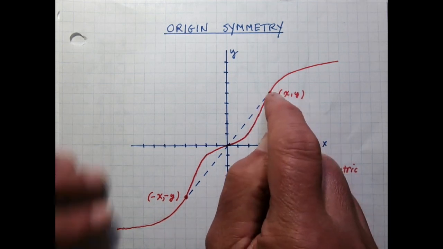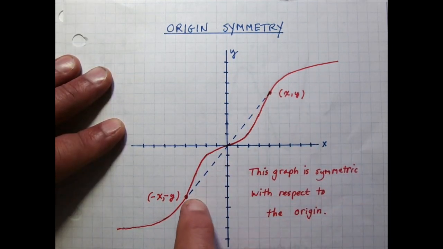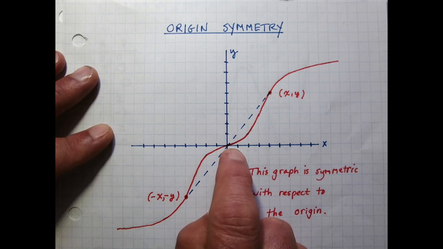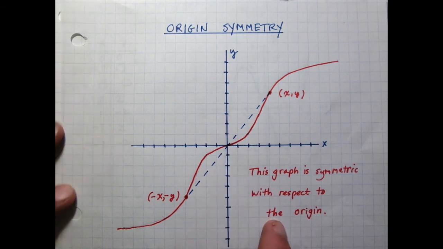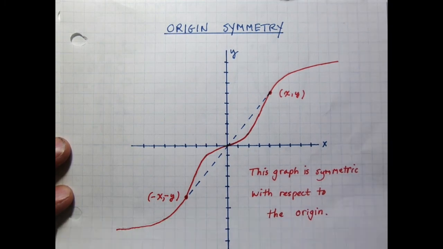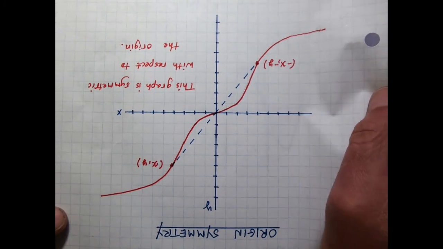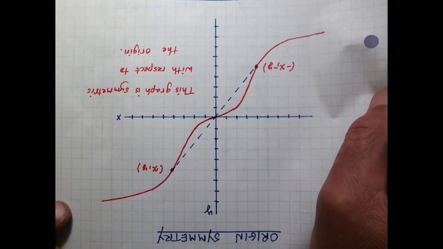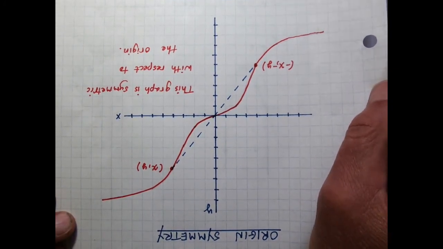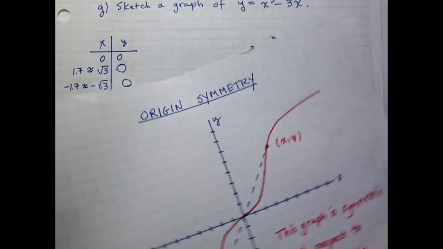Notice that when I draw this dotted line connecting those points, I pass right through the origin. That's why we call this origin symmetry. Yet the easiest way to visualize origin symmetry is to realize that if I turn this picture upside down, rotate it 180 degrees, the graph will look exactly the same.